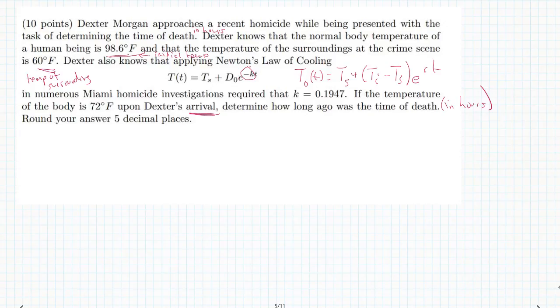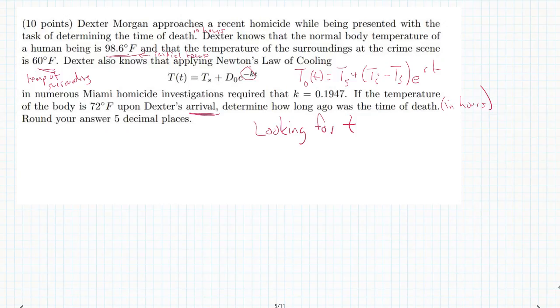So if you take a look at this, we kind of have to sort out what are we looking for. We're looking for t, okay? So since we are looking for the little t, that means we should have the rest of the information out there. So let's take a look as to what we have.